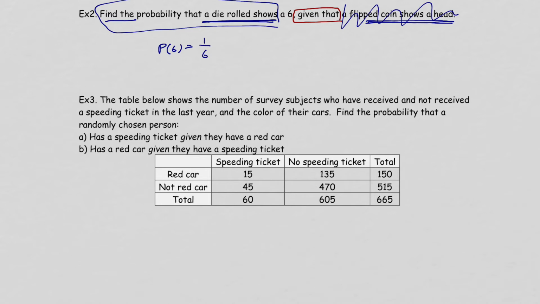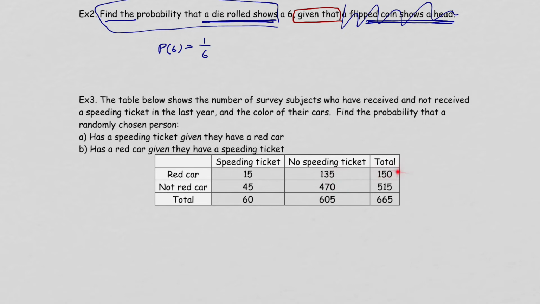What about example 3? In example 3, you have a table. It shows speeding tickets by different colors. So you have a red car and not red car, right? For the red cars, 15 cars got speeding tickets, 135 didn't get speeding tickets.